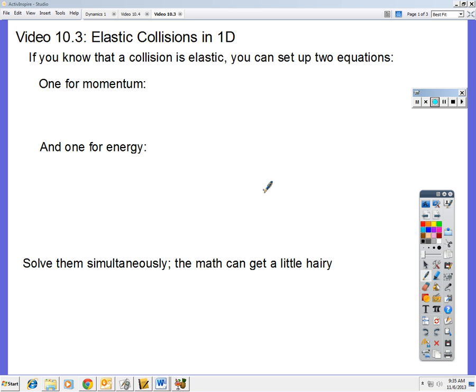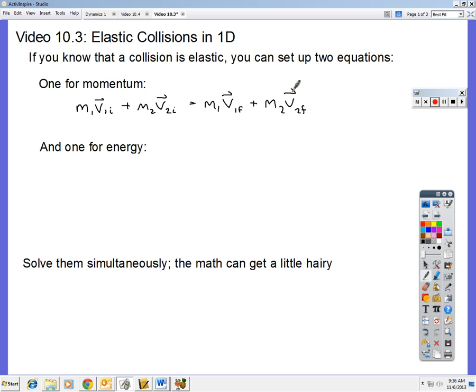So what you do is you write down one for momentum. Let's say you have two particles in the collision. You have m1 v1i, the initial velocity of particle 1, plus m2 v2i, the initial velocity of particle 2, equals m1 v1f plus m2 v2f, that's the final velocity of particle 2.